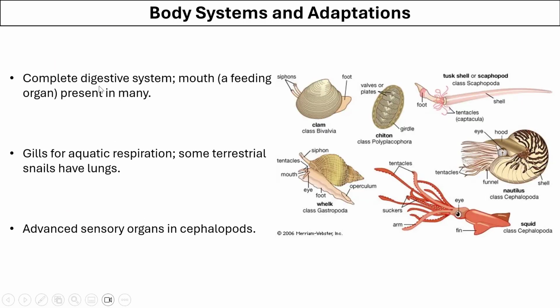These animals have a complete digestive system, and they also have a mouth for feeding. For respiration, they can use gills or lungs depending on whether they live inside the water or on land. And they have very advanced sense organs in cephalopoda, that means in octopuses, and they can sense their environment very minutely.